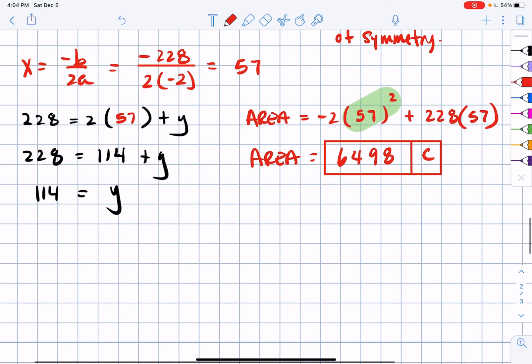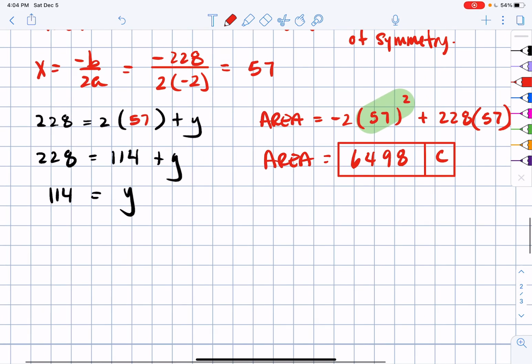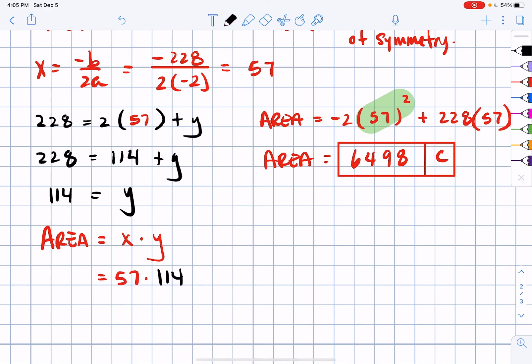Now over here, once I find my y, I know that my area is equal to x times y. My x was 57 and my y was 114, so the area is going to equal 6498, which is again choice C.